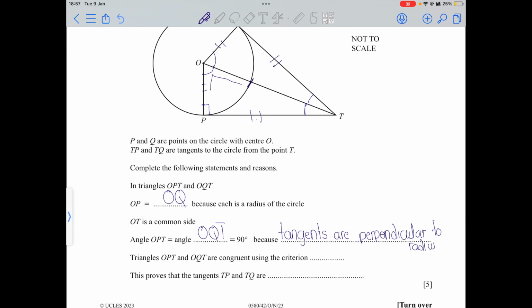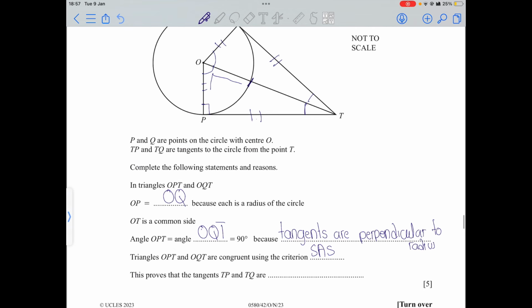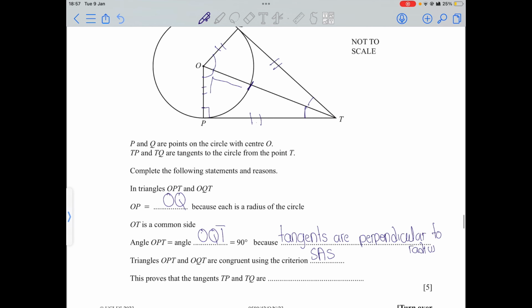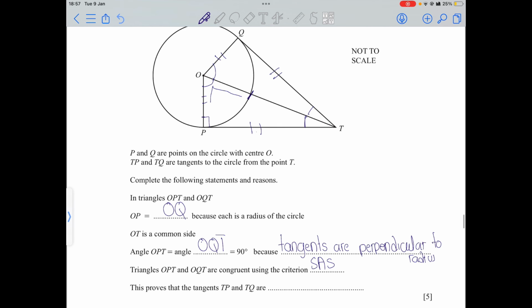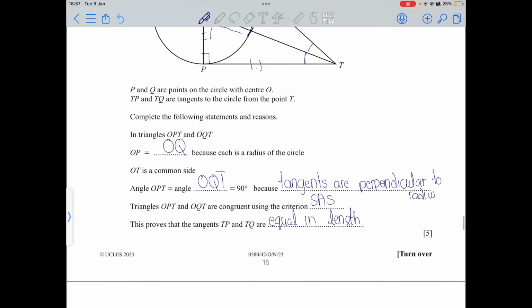So they are congruent by SAS, side, angle, side. OT is shared, and PO is equal to OQ. This proves that tangents TP and TQ are equal in length. Basically, tangents from the same point are always equal in length.